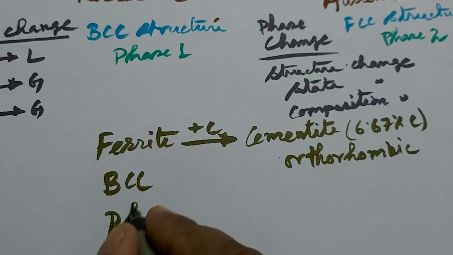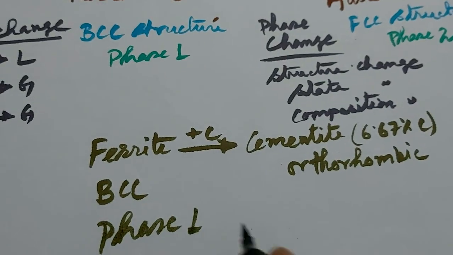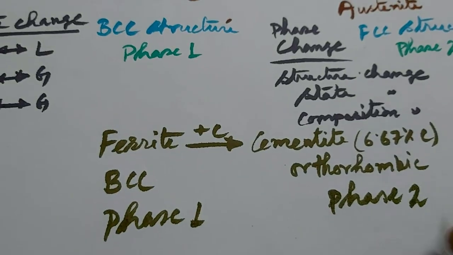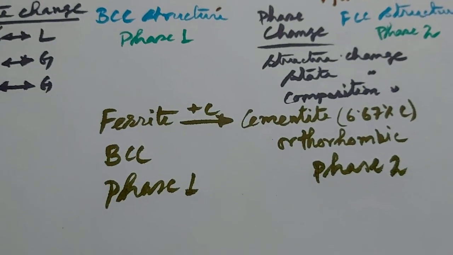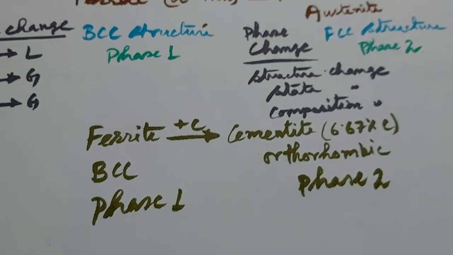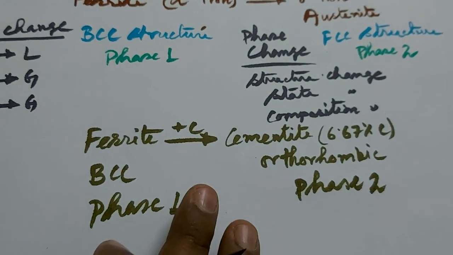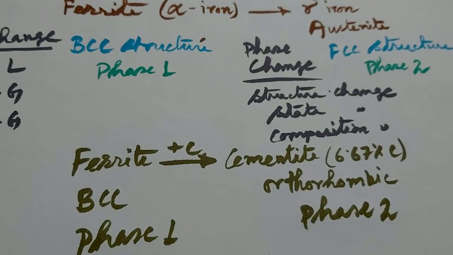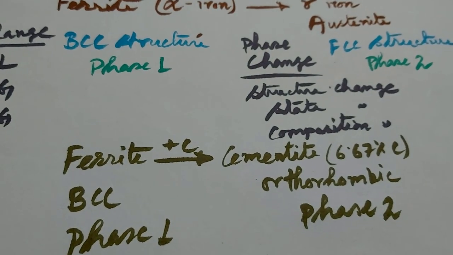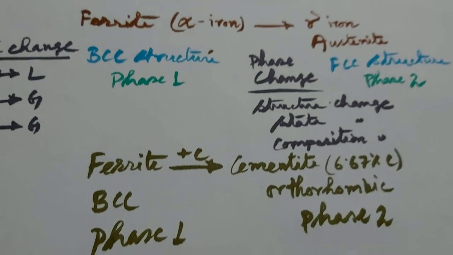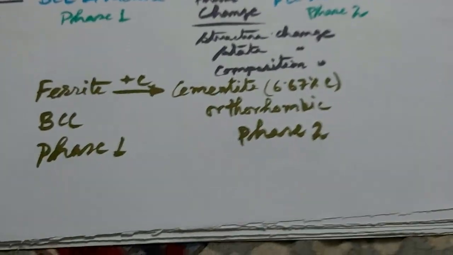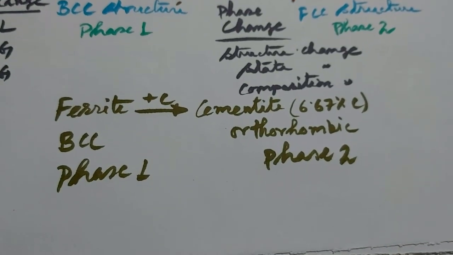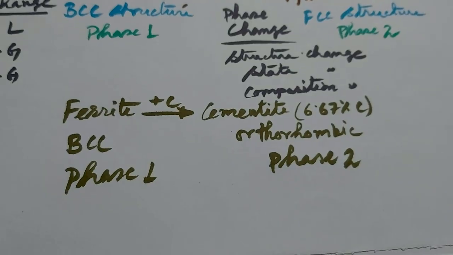Let us say this is phase 1 and this is phase 2. But in this case, the state of both ferrite and cementite are same. Both are in solid state, but the phase is different due to their difference in composition and structure.